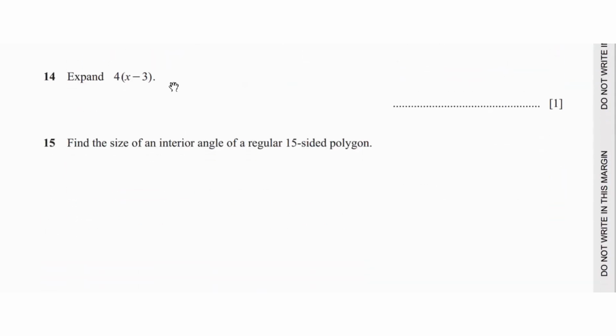Question 14 says expand 4 brackets x minus 3. So whenever there's a term outside the bracket and inside the bracket, we multiply them. So 4 times x plus 4 times negative 3, and that gives us 4x minus 12. That is your expansion of this bracket. Then question 15 says find the size of an interior angle of a regular 15-sided polygon.